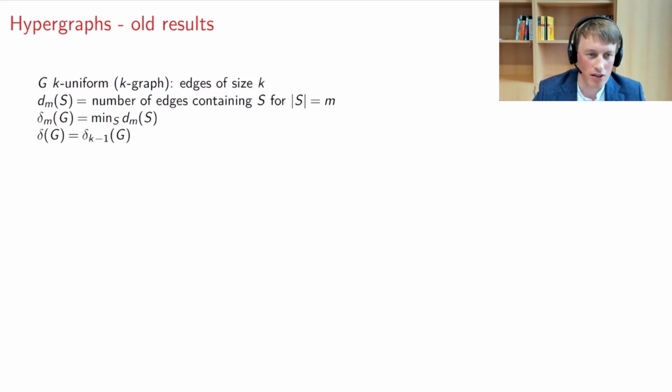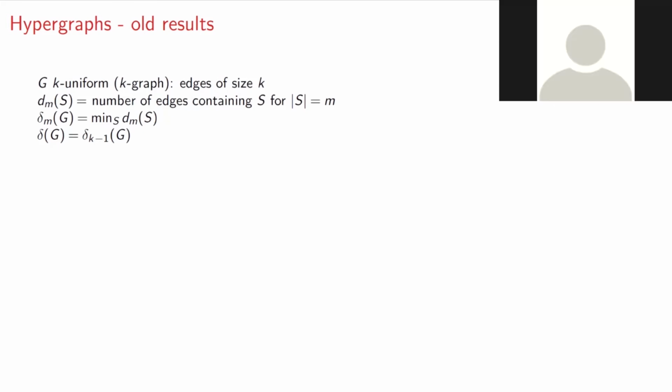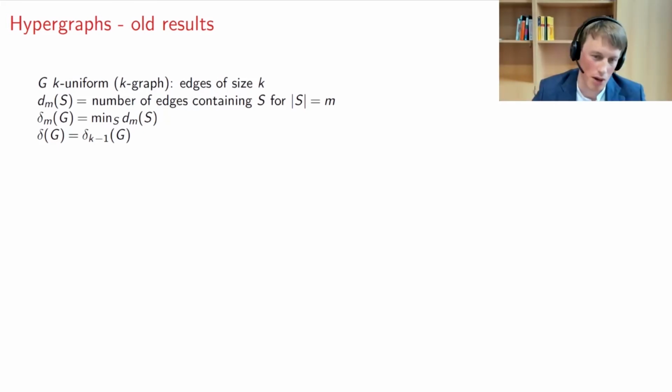So what I'm saying is, the larger m is, if you have a lower bound on the degree, the more structure you have. So it's natural to start with the k-1 degree, because this imposes the most structure, even very locally in every k-1 set. It's far weaker to say something about the 1-degree, say, just that at every vertex there are many edges.